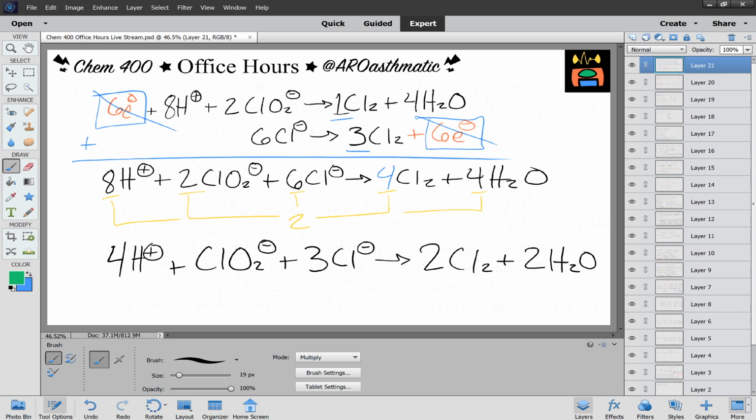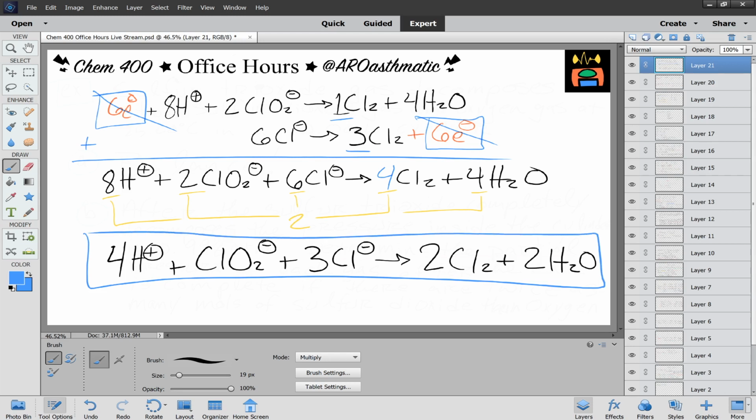This is the final balanced chemical equation for the redox reaction we were given in this example.